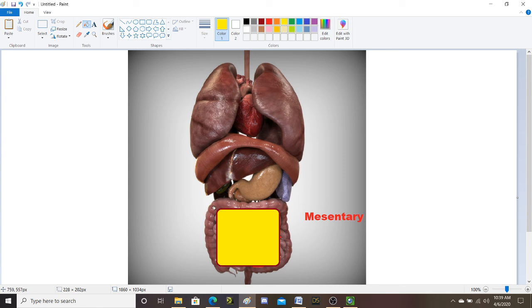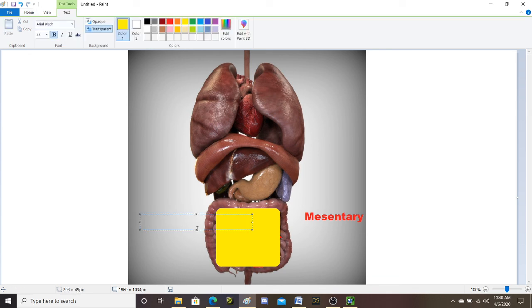It just sits on top of the small intestine. Of course, it's not that geometrical, but you get the point. This is the omentum. So your omentum is a fatty covering that's going to cover over your intestines.